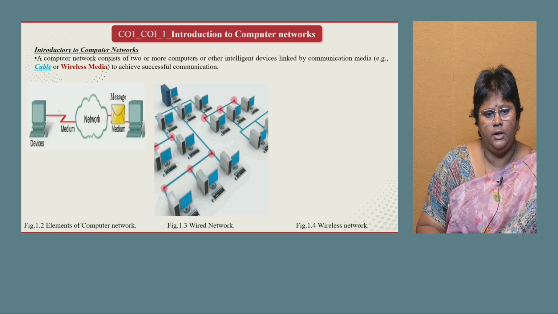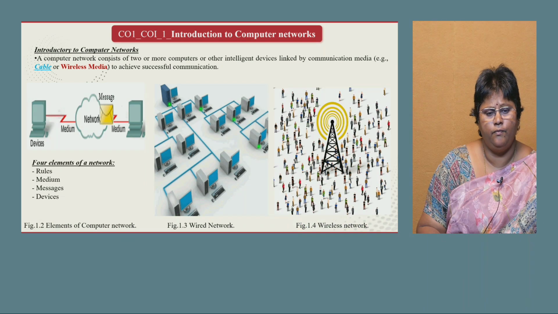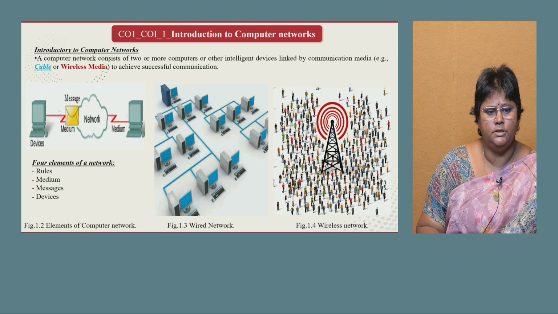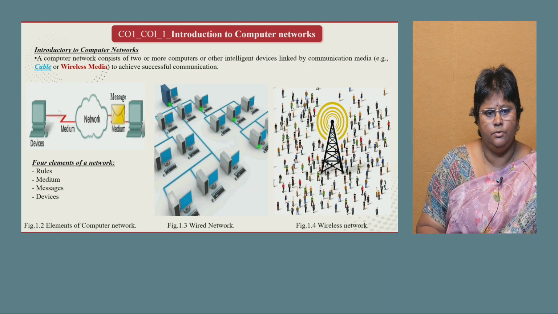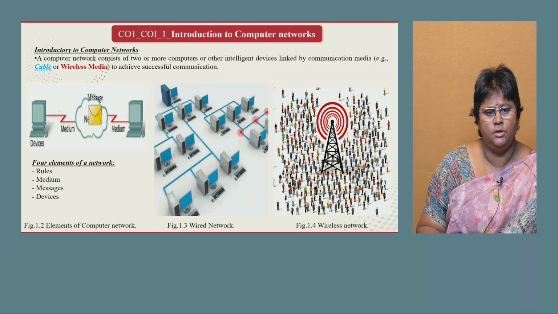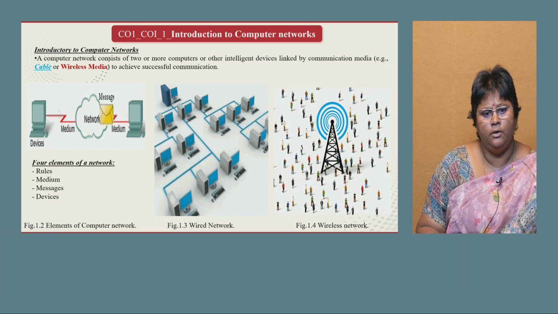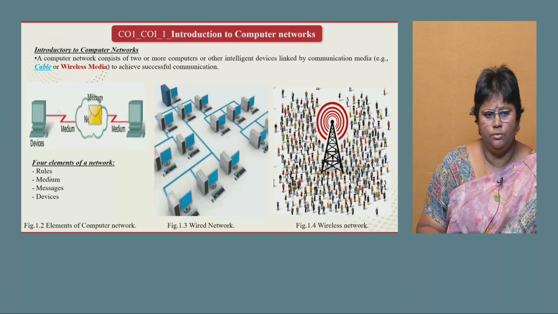For communicating between devices, the 4 fundamental elements of a network are rules, medium, messages and devices. What are rules? Rules are the structure by which devices allow data to pass through the medium, through the network, from one device to another.